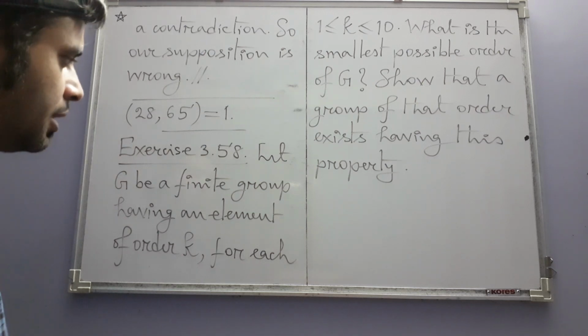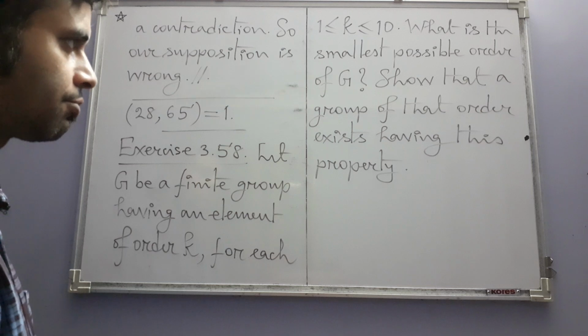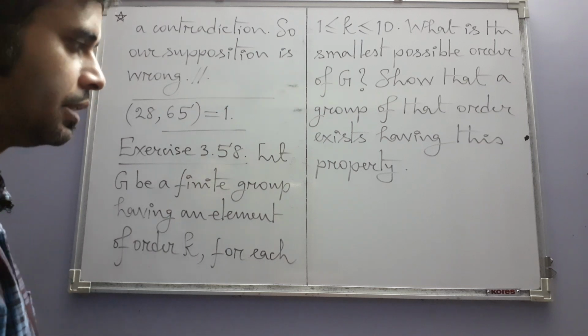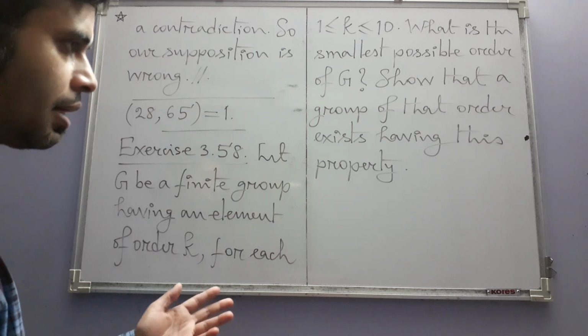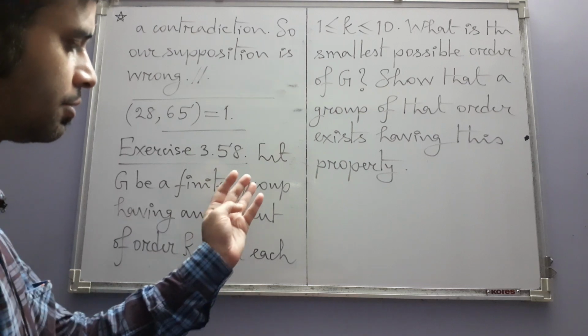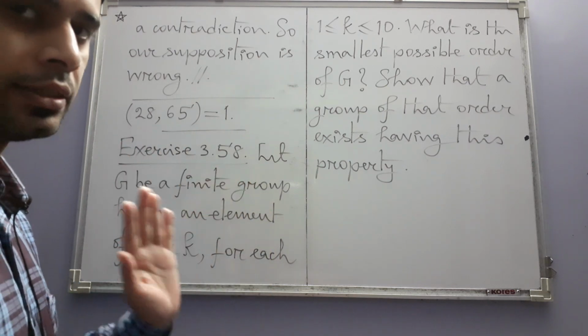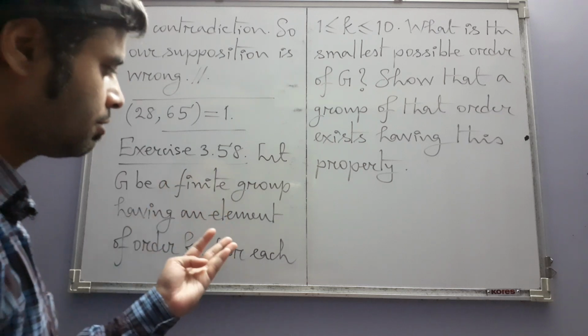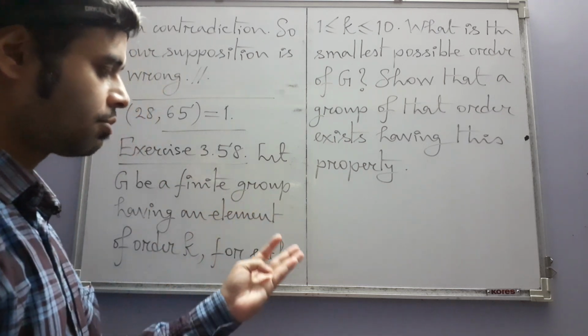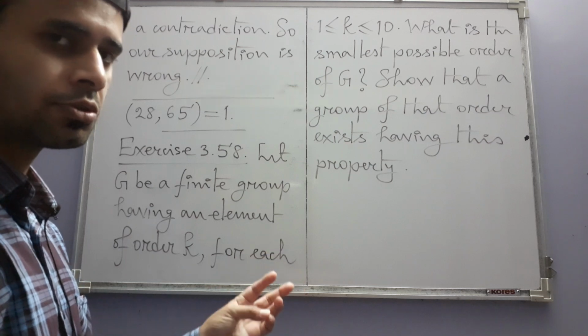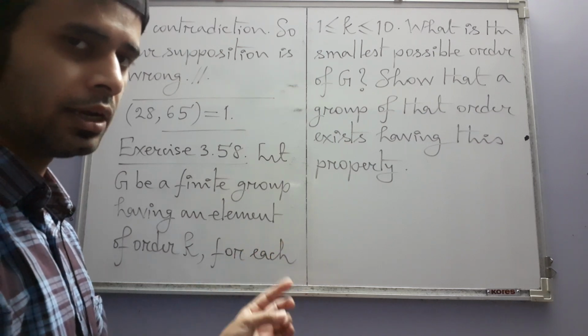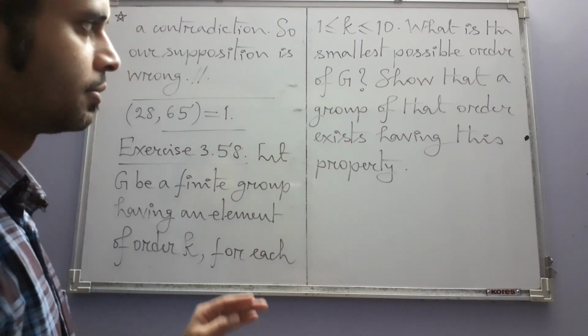That means what we are given is that there is a finite group G in which there are elements of order 1, of course, that is the identity element, but we also have elements in G of order 2, 3, 4, 5, 6, 7, 8, 9 and 10.